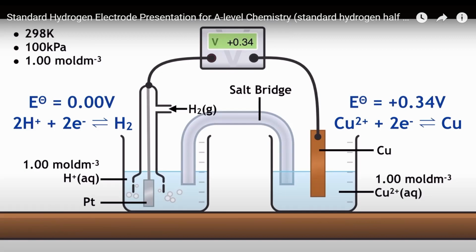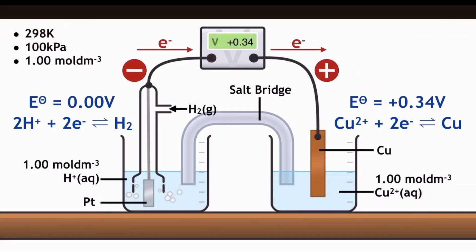Now, with some further labels, we can actually see that this copper half cell is the cathode, the positive electrode, and the hydrogen half cell is the anode, the negative electrode. These roles can be allocated using the standard electrode potential values once we know them. Since we now know the half cell for the copper has a more positive standard electrode potential, we can understand that it has a greater tendency to accept electrons than that of the hydrogen half cell in this particular pairing.